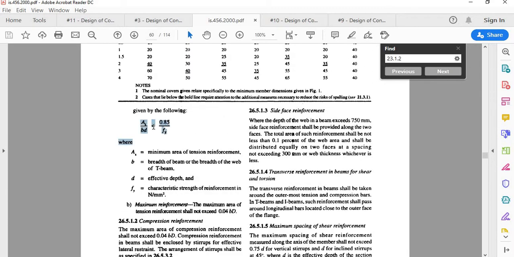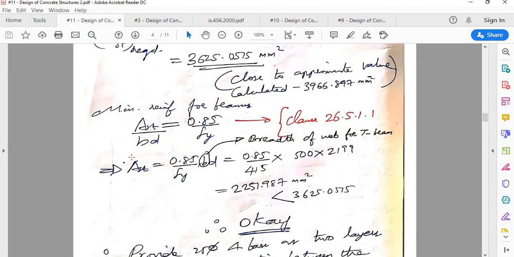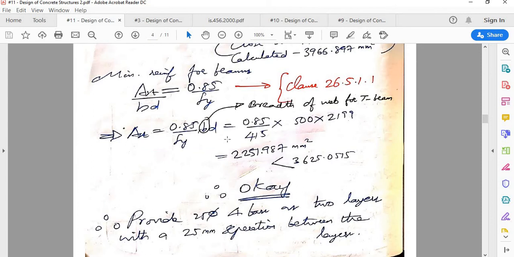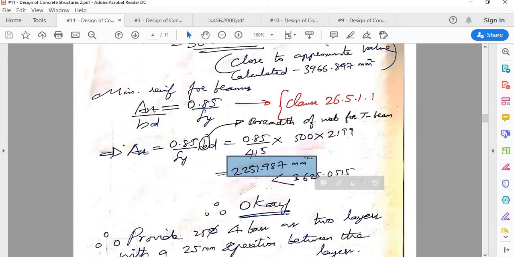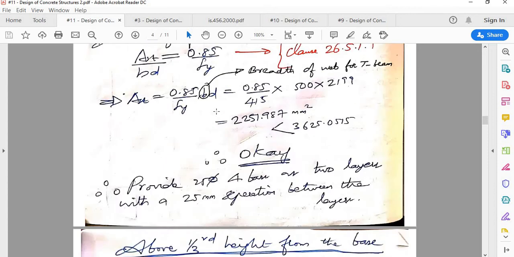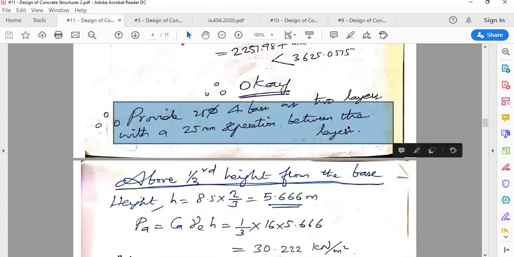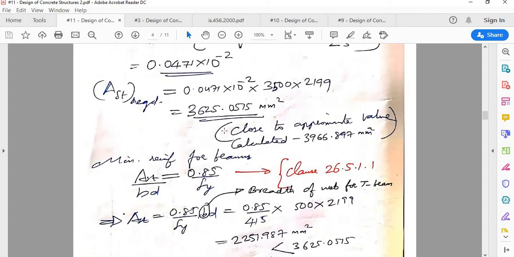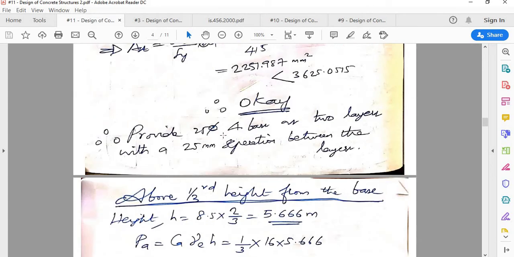Yes, so using this formula, B is the breadth of the web. Okay, so you take B appropriately. So AST minimum you can calculate, which if you calculate is lesser than the actual AST, which means you don't have to increase the AST. Okay, so that will be the design of the T-beam at the base.